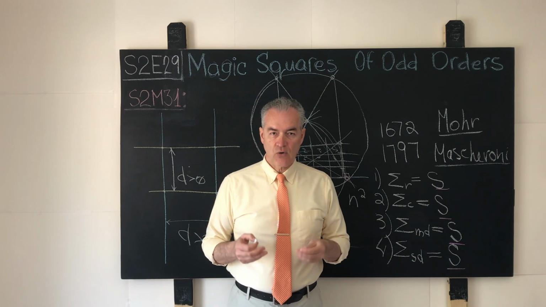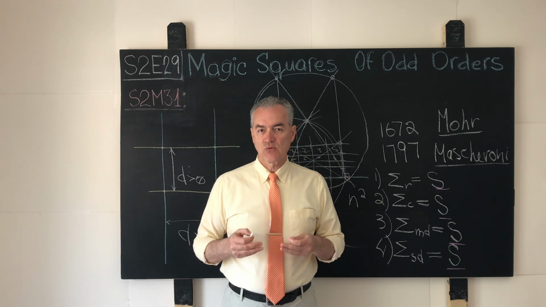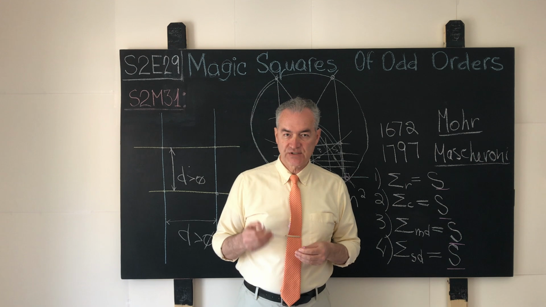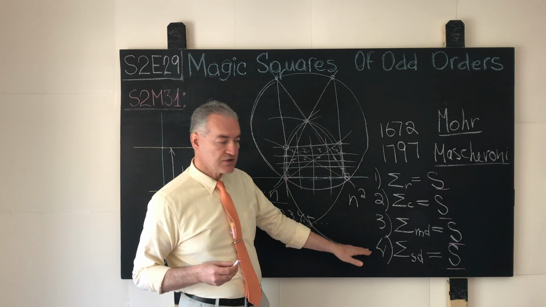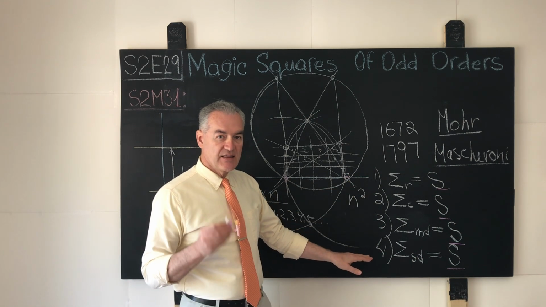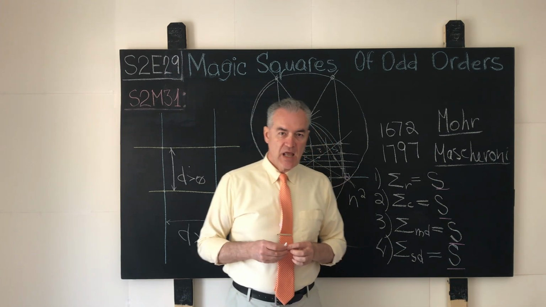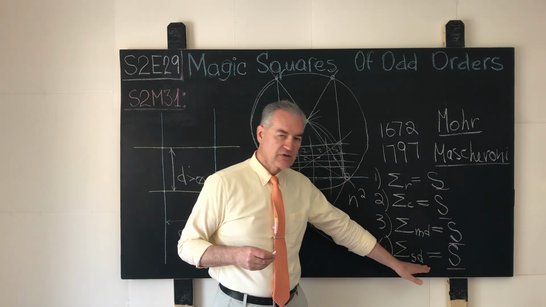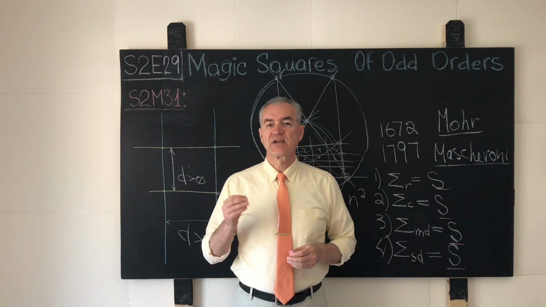In other words, now we understand that if we construct a square, partition it into n square equally sized cells, fill the cells with numbers, and the numbers in such a square obey all four conditions, not just one or two, all four at the same time, then such a numeric square is called a magic square, and the number s, which figures prominently in all these four conditions, is called the magic square's constant.